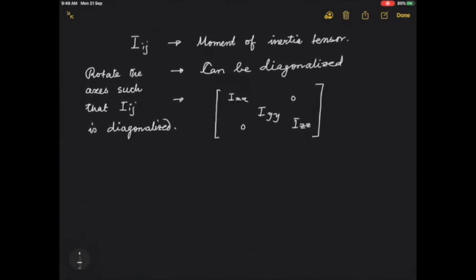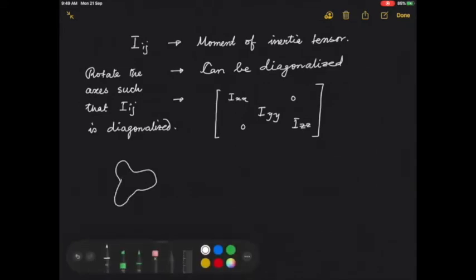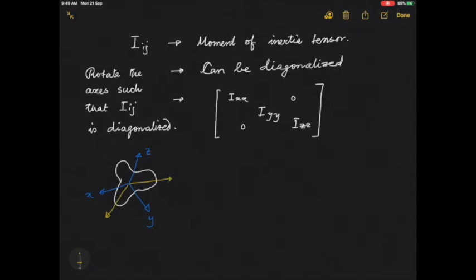See, I is calculated in terms of a particular set of axes, so that's what y and z are. Say I have a body like this, I choose a set of axes which looks like this. So this is my body set of axes. In this xyz axis system, my moment of inertia tensor is not diagonal.